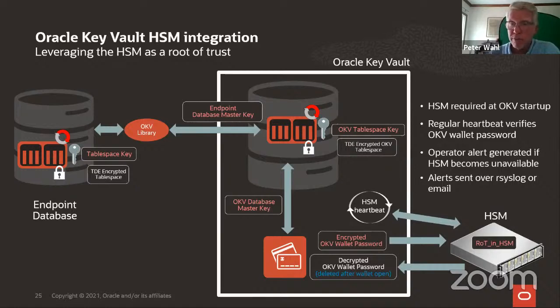A rogue virtualization administrator could theoretically copy the disk files onto a memory stick, take it home, and then poke around in OKV for a long time and maybe get to something. Now, if that OKV loses connection to the HSM, it will not start up. So even if somebody carries the server out of your data center with the OKV server on it, it will not start because it loses connection to the HSM.